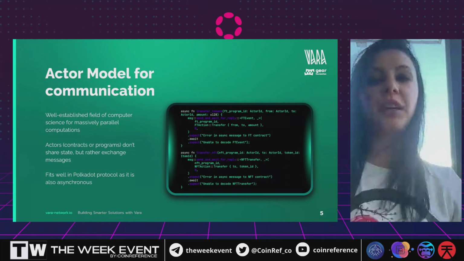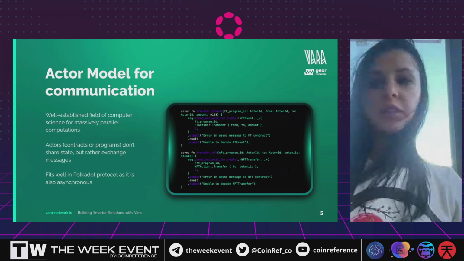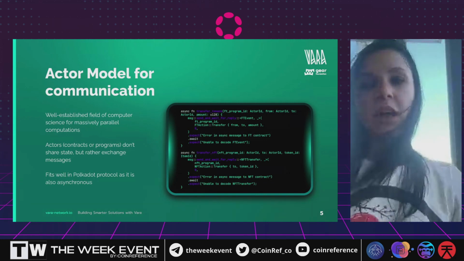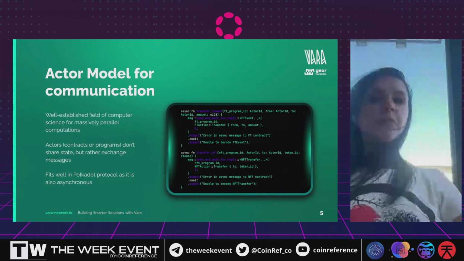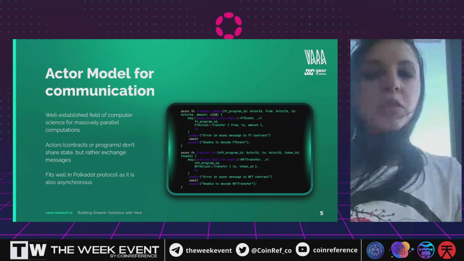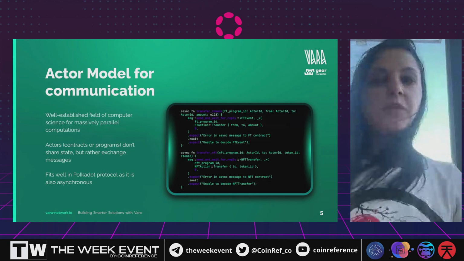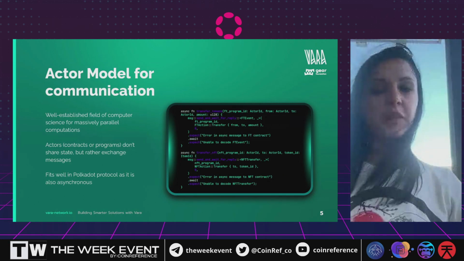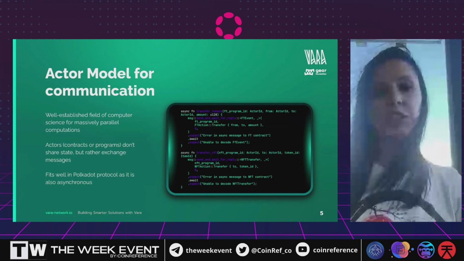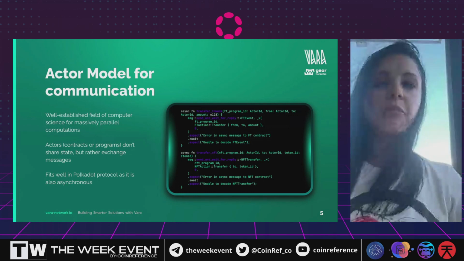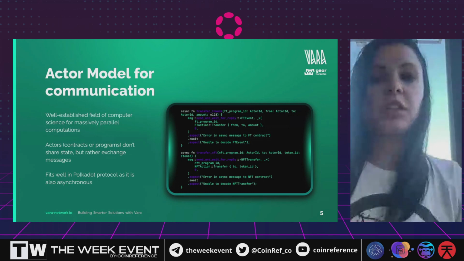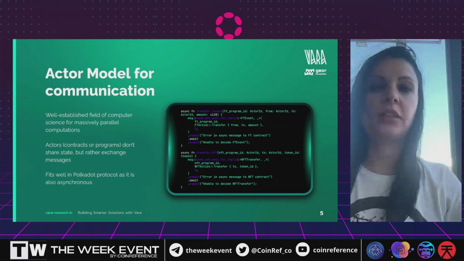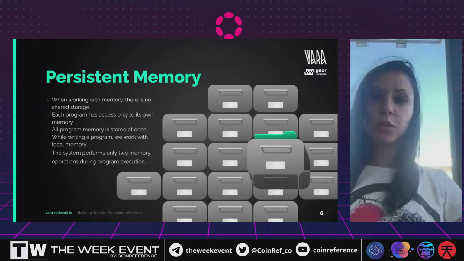In case of Gear, every smart contract is an actor, and every program is an actor. And the thing is that actors don't share their state. Why is it important? Because it brings you extra security while exchanging messages. And this model fits into the Polkadot ecosystem as it's also asynchronous.